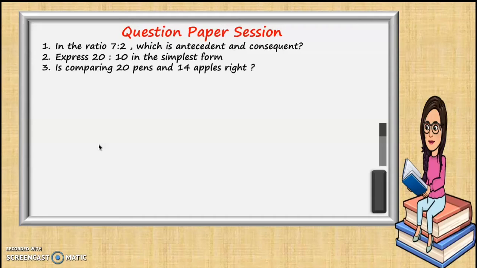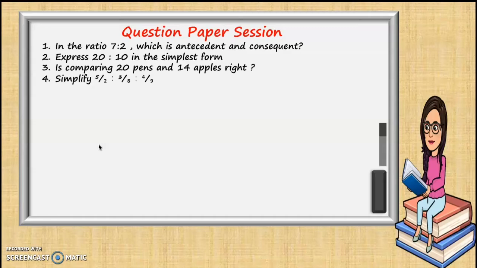Third question is comparing 20 pens and 14 apples, right? As I told you, ratios must be compared with the same kind. So keeping that in mind, try answering this question. The next problem is simplify 5/2 is to 3/8 is to 4/9.